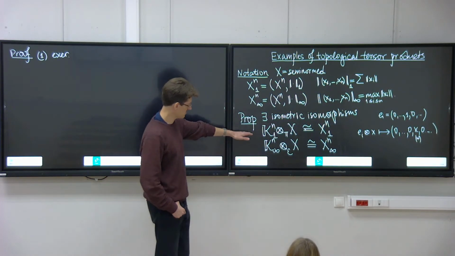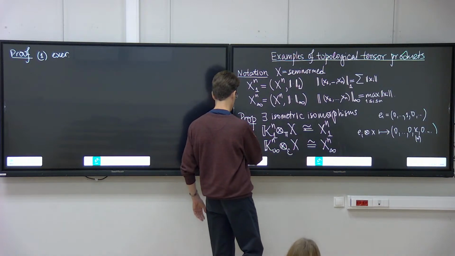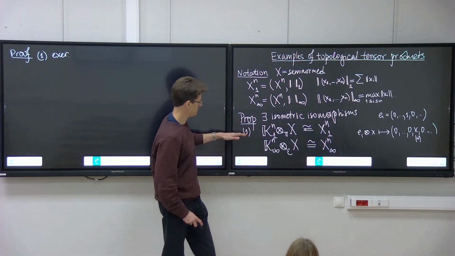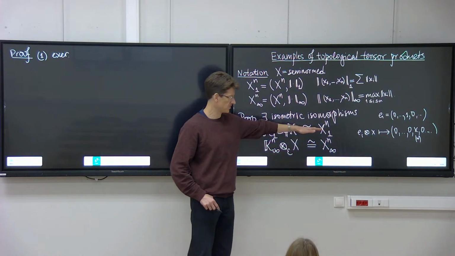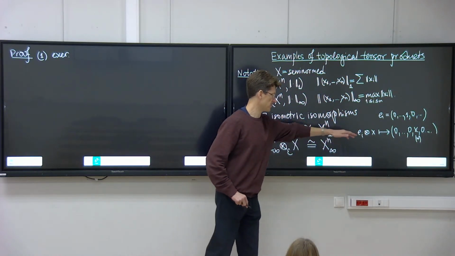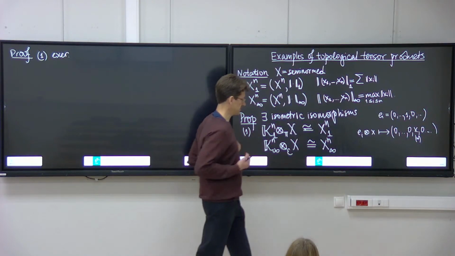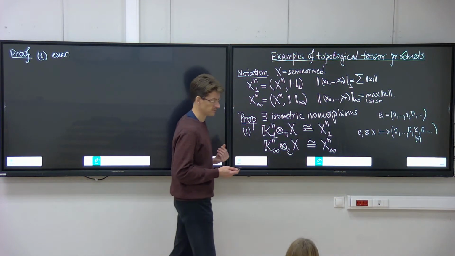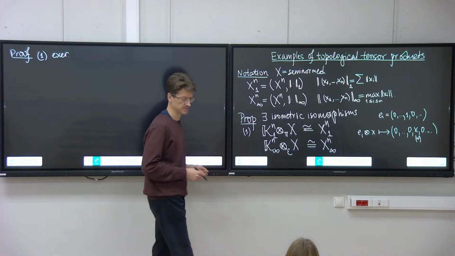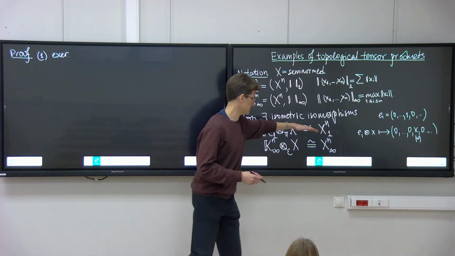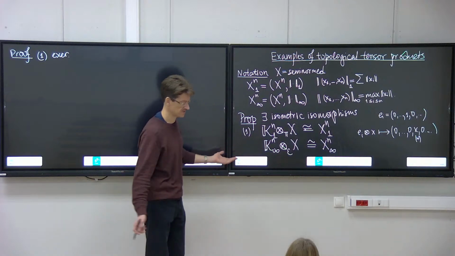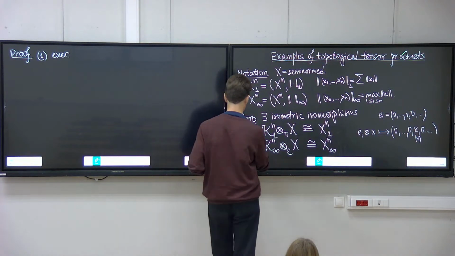To show that, we use the universal property of the tensor product, which implies that this map is a contraction. The fact that the opposite map is a contraction follows immediately from the triangle inequality. So this map is a contraction, the inverse map is a contraction, and so this map is actually an isometry.